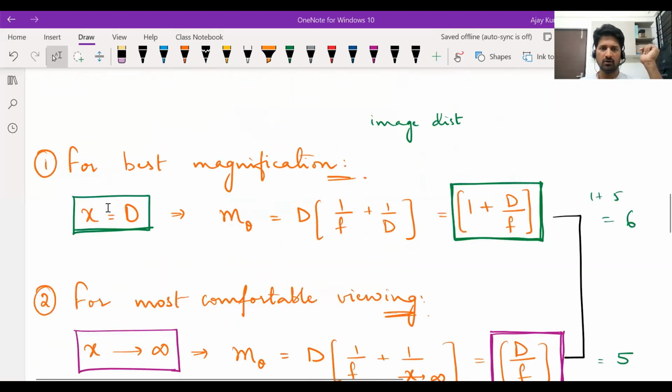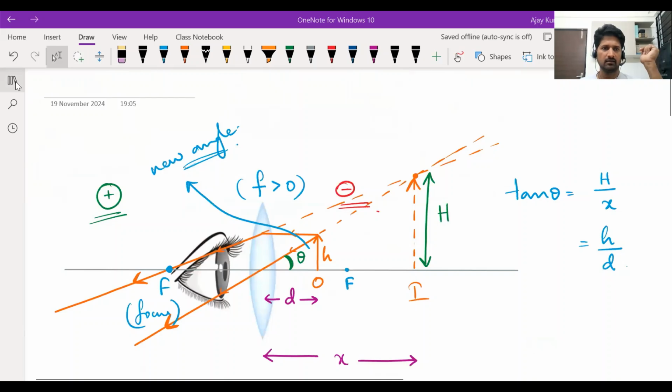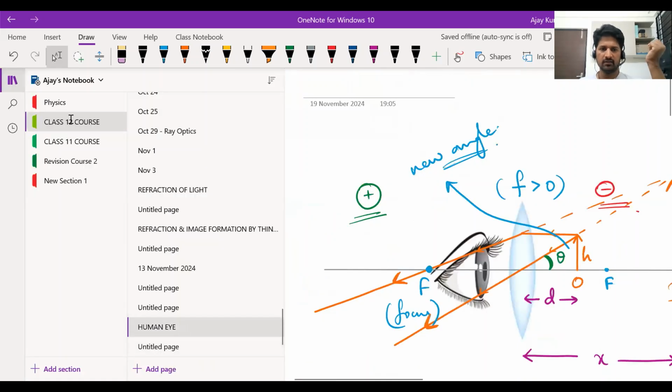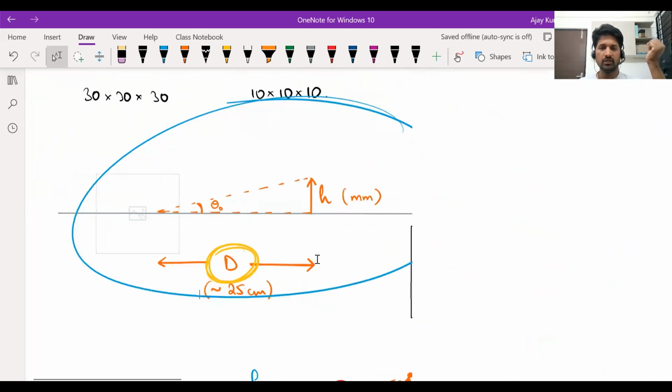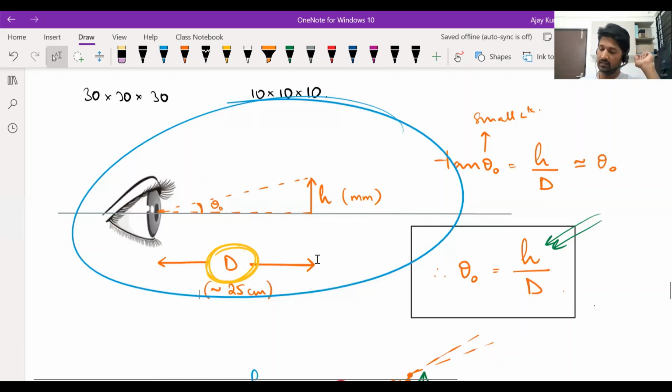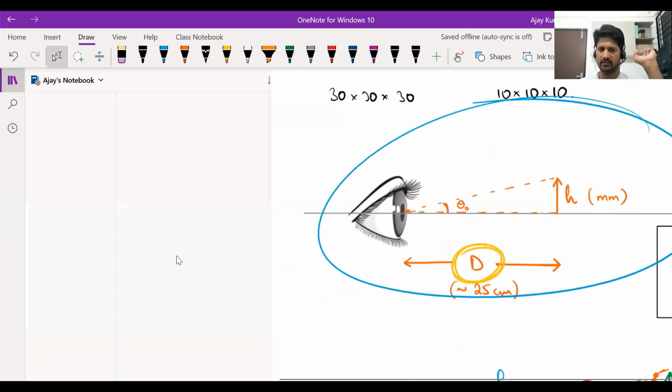When we look at the object directly, as we discussed last class, the angle it subtends on our eye is h by d, where h is the original height of the object and d is the near point distance.